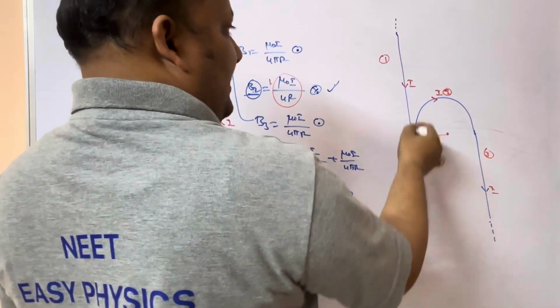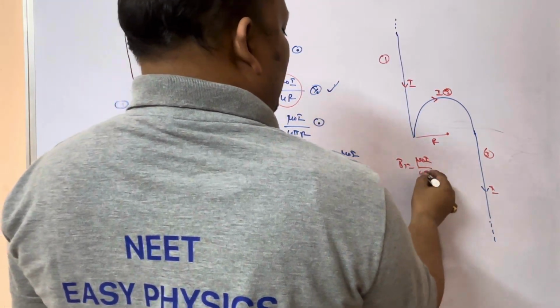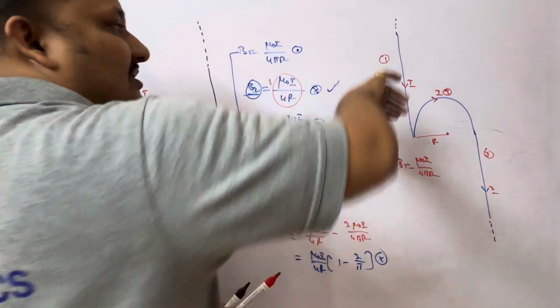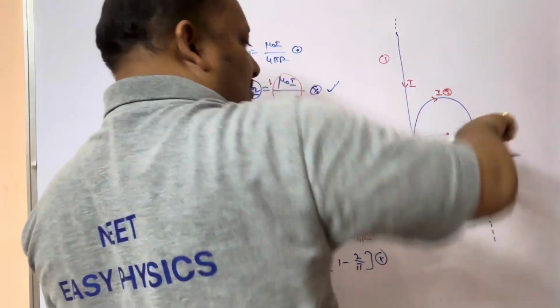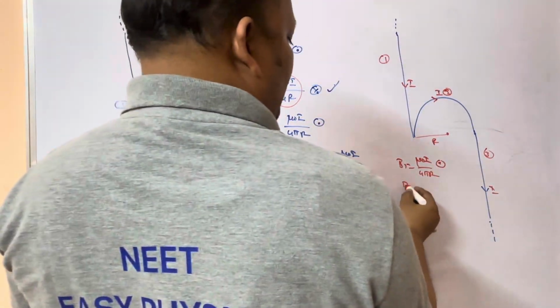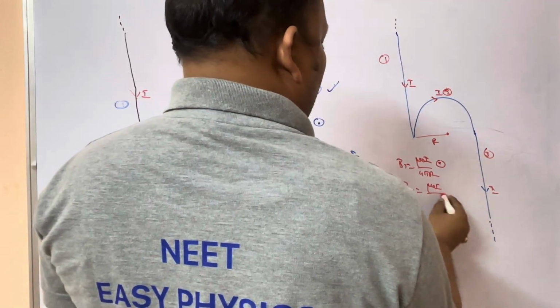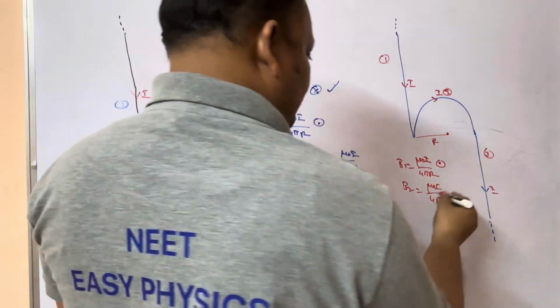So because of 1, infinite wire at one end. What is the formula? Same, mu naught I by 4 pi R. What is its direction? Current is coming outwards, it is going to be outside. Downwards, outside. So directions are going to be very important. B2, mu naught I by 4R. So current is going like this, inside.